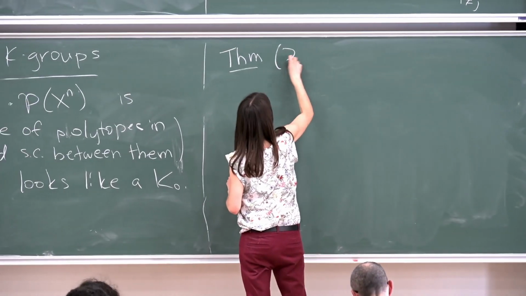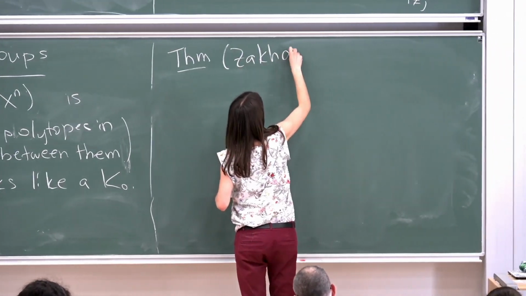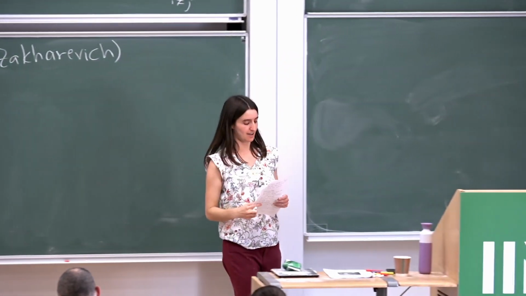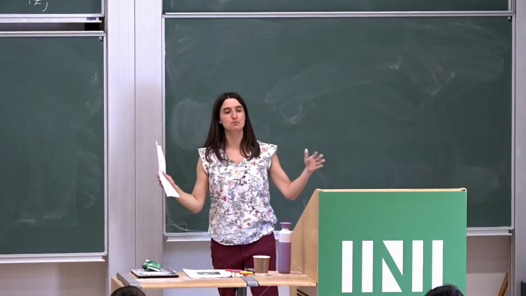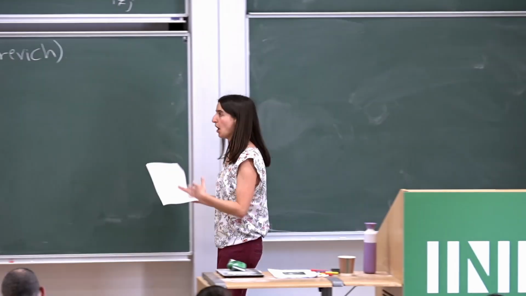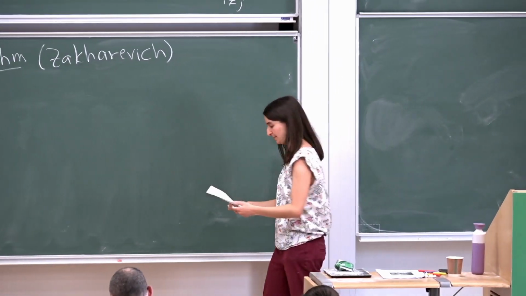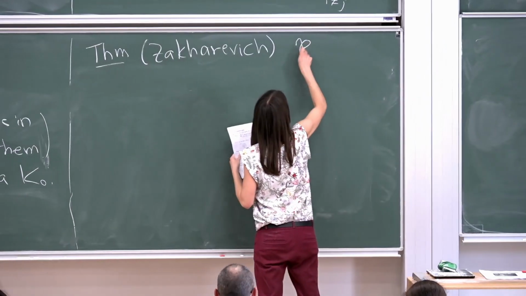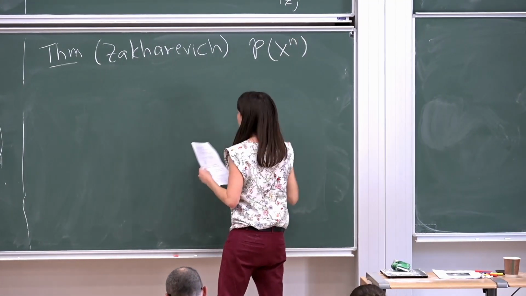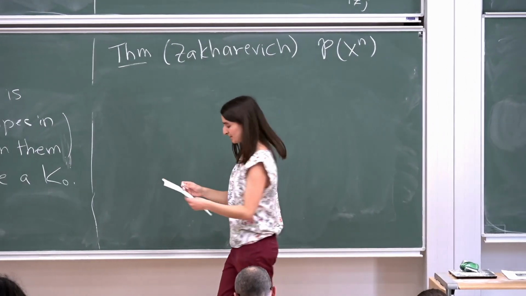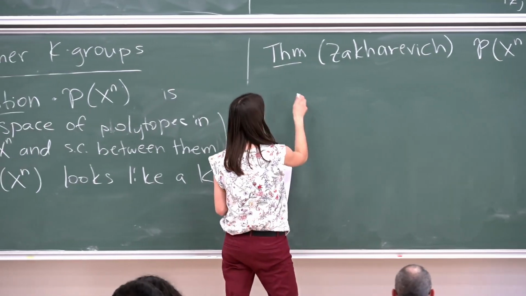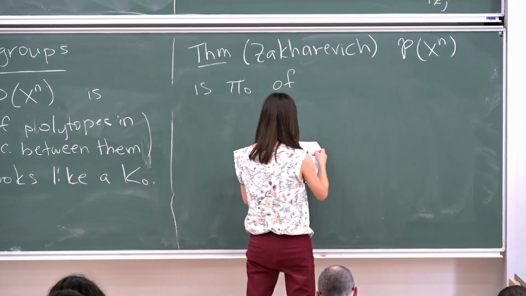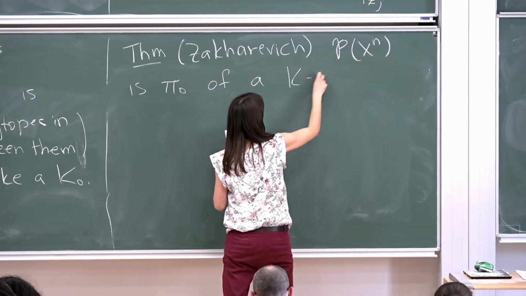this then prompted Zakharevich to find the higher algebraic K-theory description of scissors congruence. She proved that these scissors congruence groups are pi 0 of a K-theory spectrum.